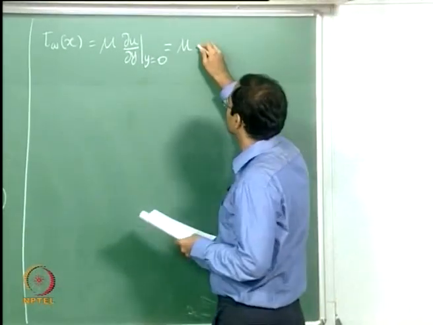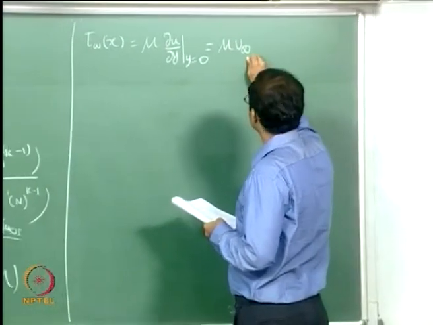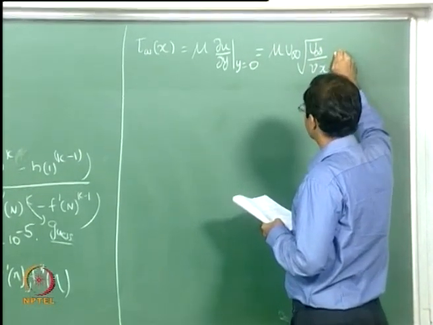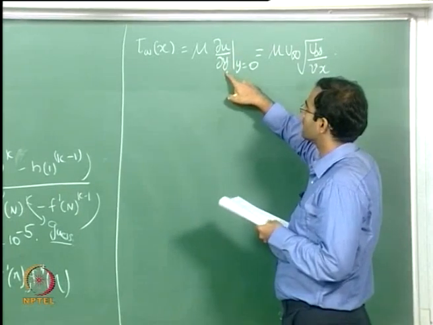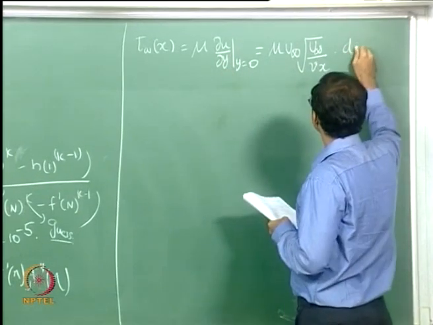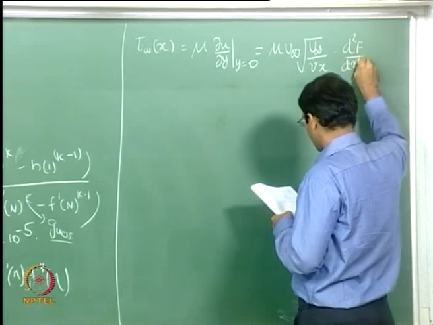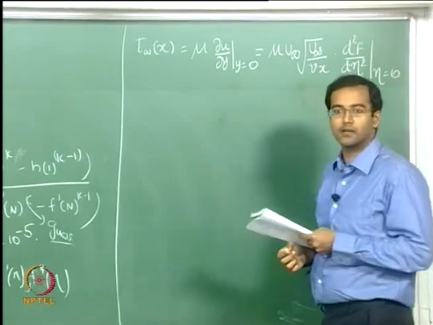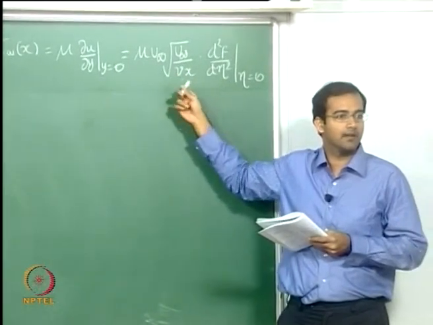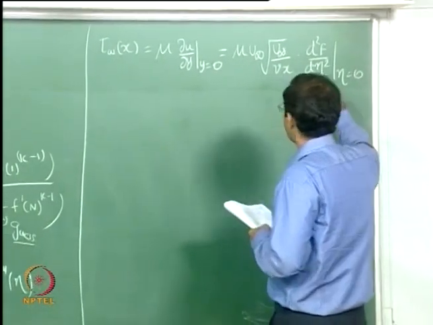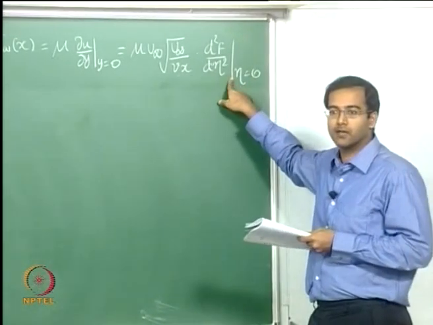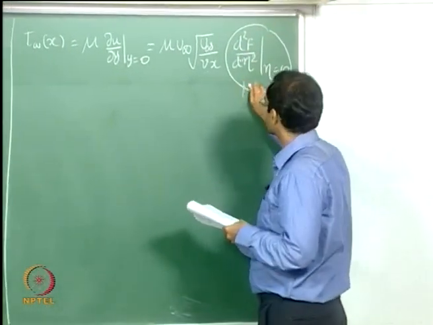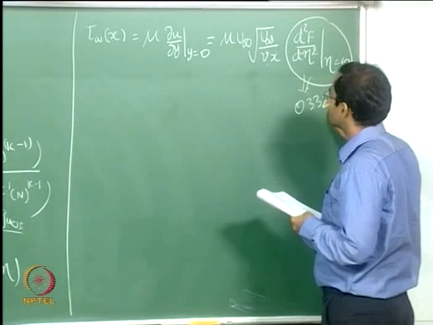It was u infinity times the square root of u infinity by nu x, and du by d eta we can write as d square f by d eta square, at eta equal to 0. I hope all of you have this. Now, as he said, we have got this value either numerically or from the Blasius solution, that at eta equal to 0 the curvature is 0.332.